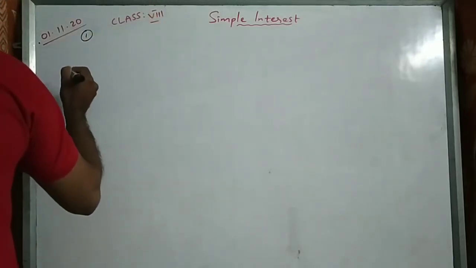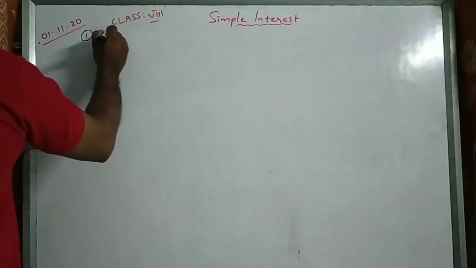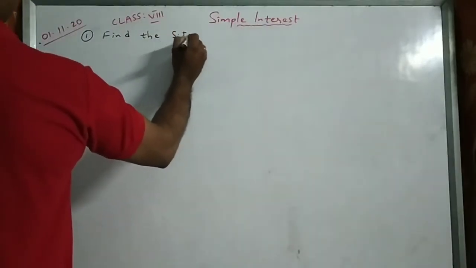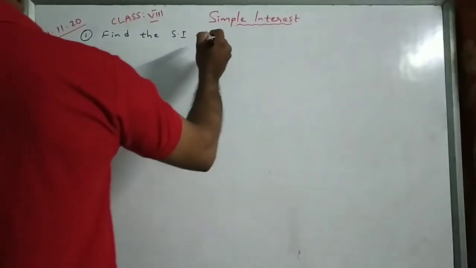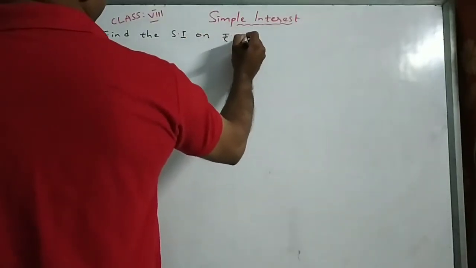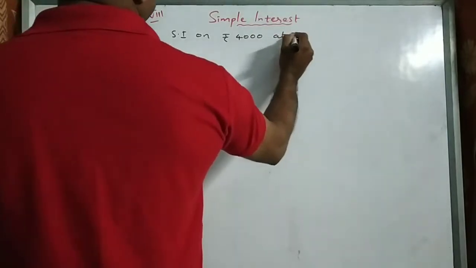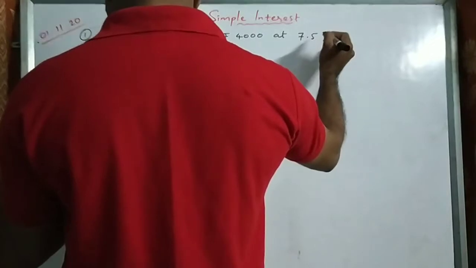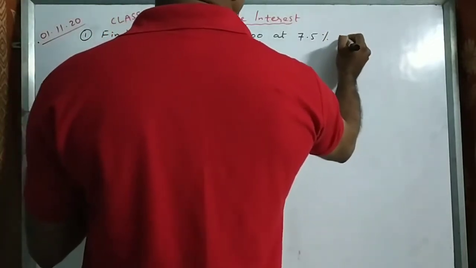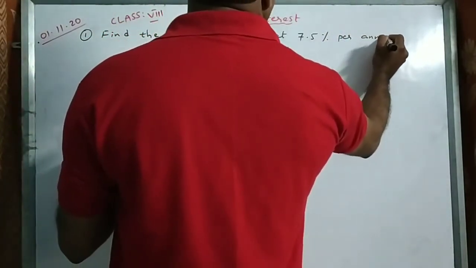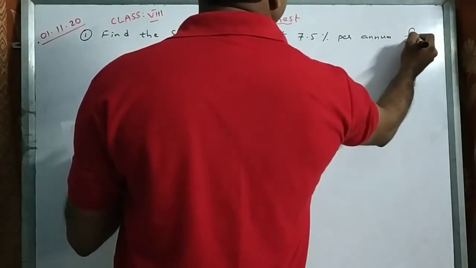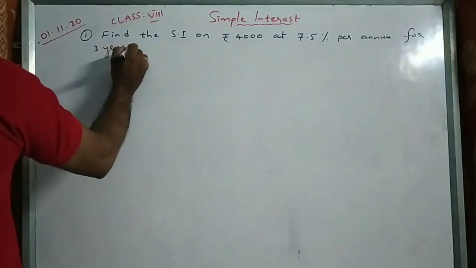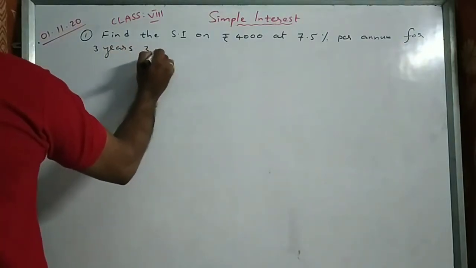Look at this question. Find the simple interest on rupees 4,000 at 7.5% per annum for 3 years 3 months.